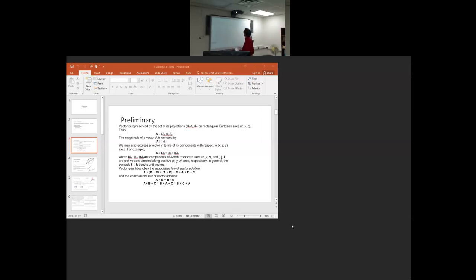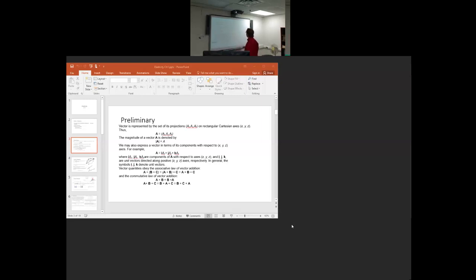And if we want to find the magnitude, we write it as the absolute value of this vector, or A without boldface, the regular face A. So if we want to find this absolute value, which is the magnitude of vector A, we can do it by taking the squares of the components and taking the square root, and we know that this way we'll always have a positive value.